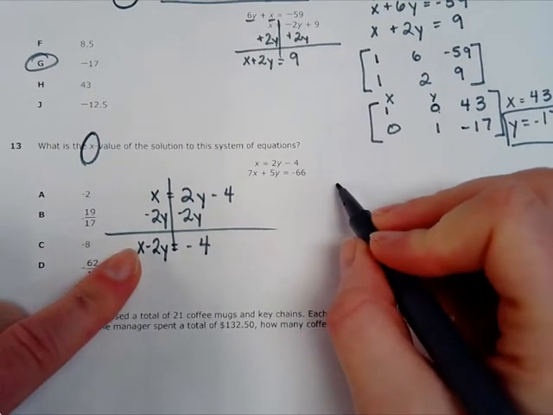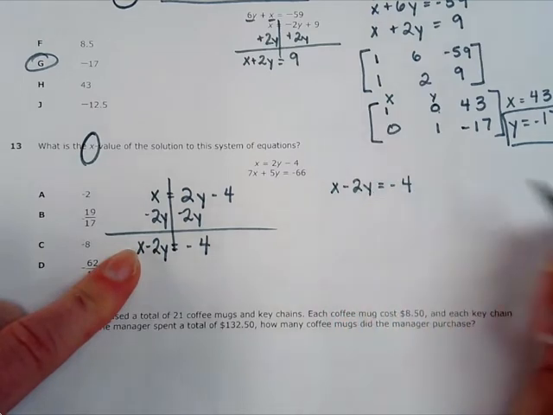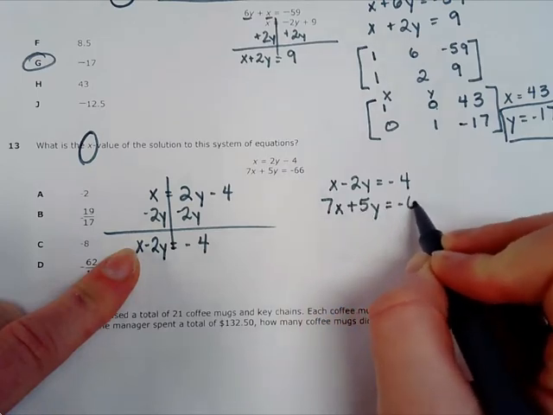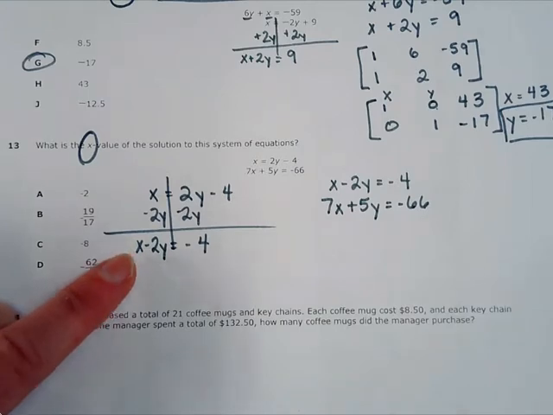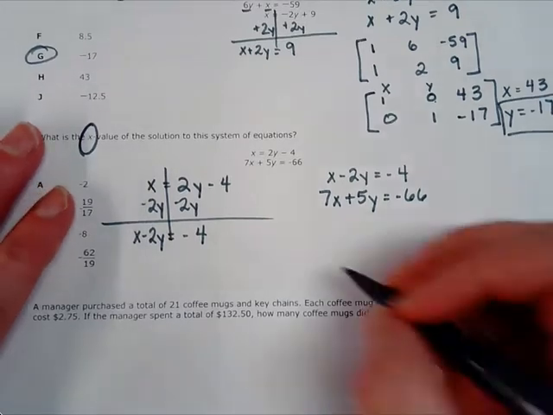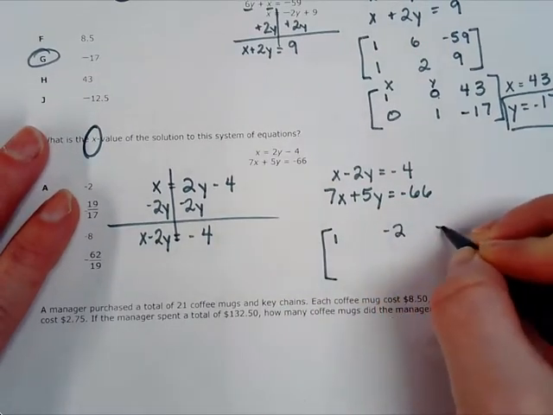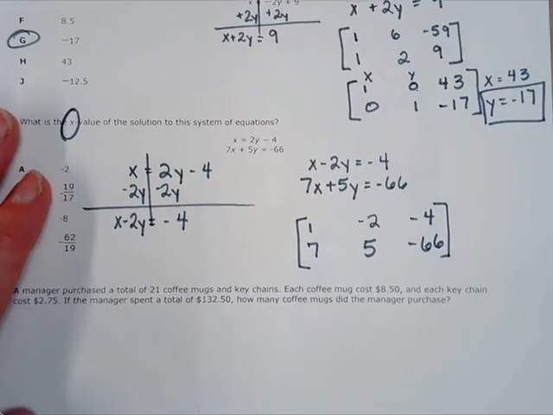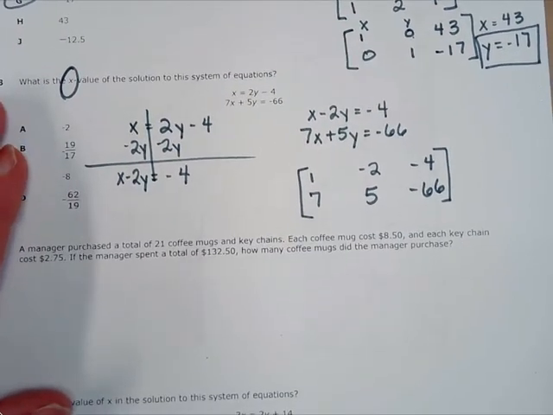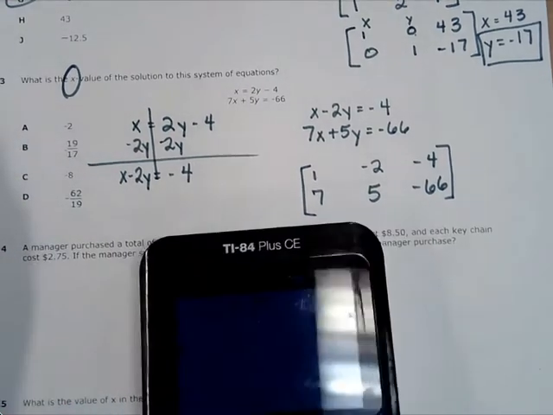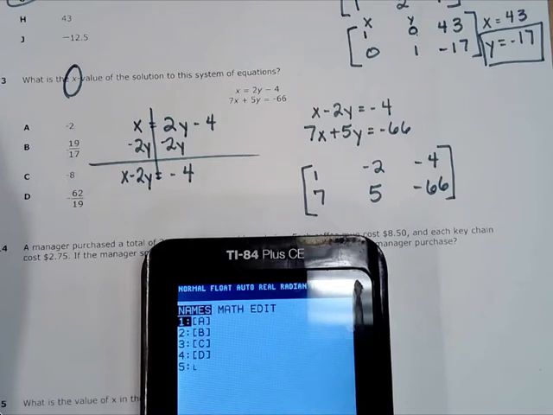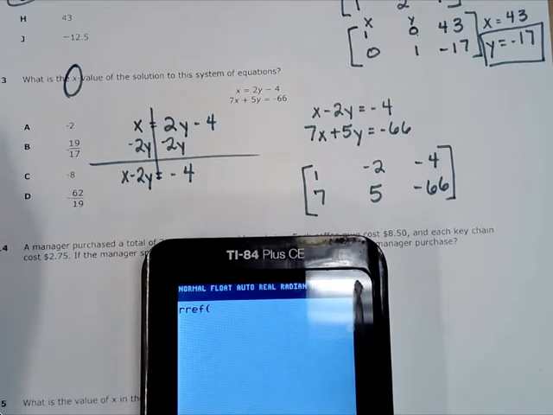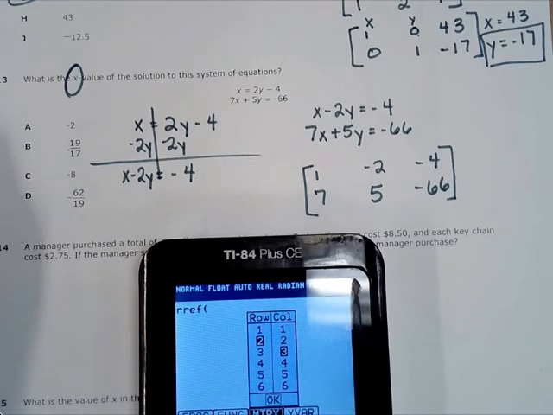So let's write our two equations. The first one is x minus 2y equals negative 4. The second one is 7x plus 5y equals negative 66. Once you have them in the standard form, you can put them in a matrix. So second matrix, math, RREF, alpha, zoom, 2 by 3.